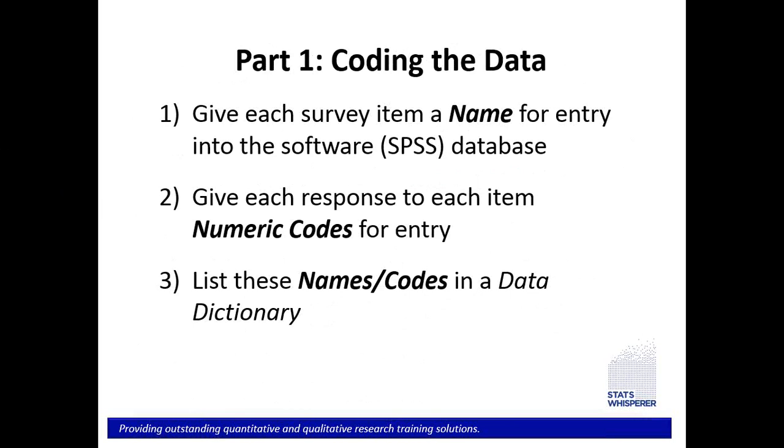So we give it a name so we could enter that name in the SPSS software database. 2, we're going to give each response to each item a numeric code. And then 3, we're going to list the names and codes in a data dictionary so that we have them for reference.